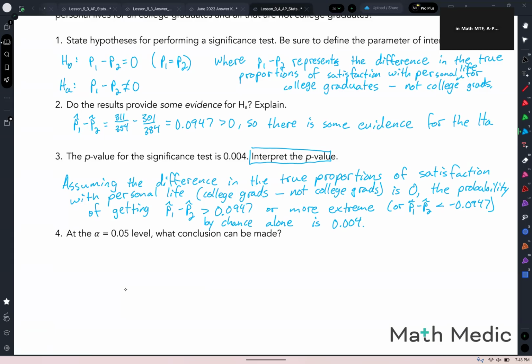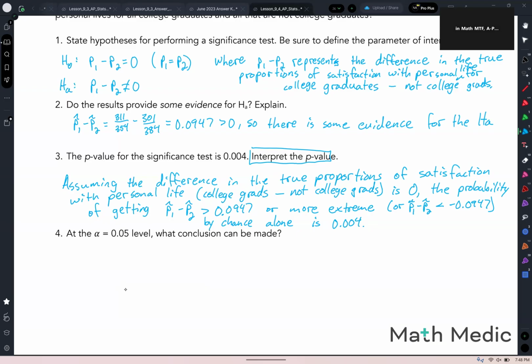chance or low probability of happening by chance alone. In fact, that is so low that we don't think our null hypothesis was true. Remember, that's the whole idea. A low p-value is when we reject the null hypothesis. We do not think it could have happened by chance alone.